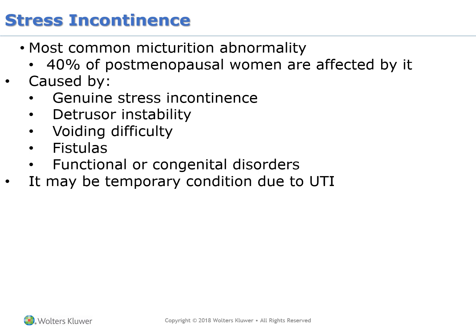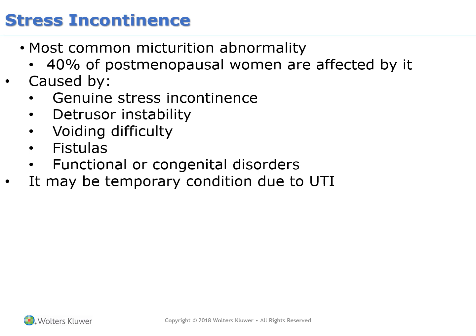It's caused by genuine stress incontinence, where stress causes urination, detrusor instability, where that muscle is maybe spasming or doing other things, voiding difficulty, fistulas, where it's draining uncontrollably, not going through the urethra, and then functional or congenital disorders. It can be temporary, where you might feel a bit incontinent because you have a UTI and the muscles and things may not be working as well, or it can be permanent, where it doesn't go away.